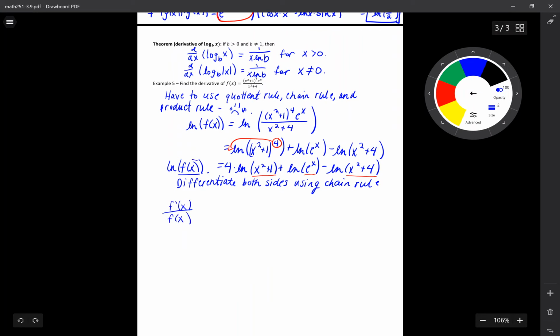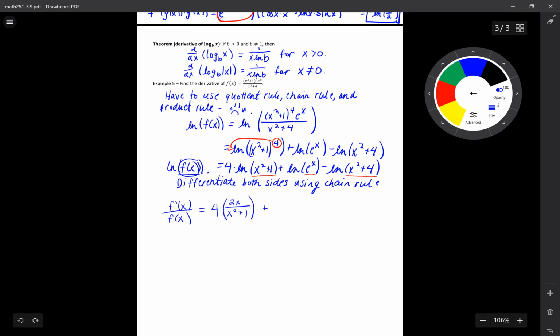Again, because this f of x is my u, so the derivative of the natural log of f of x is f prime of x over f of x is equal to 4 times, I take the derivative of x squared plus 1, that is equal to 2x over x squared plus 1, u prime over u.